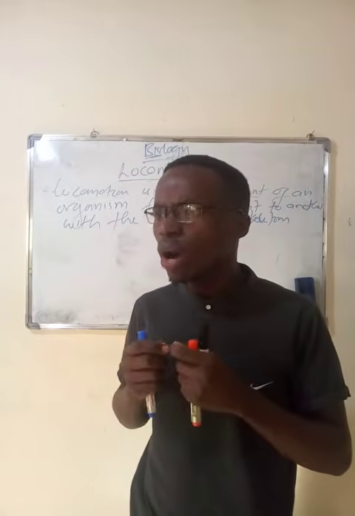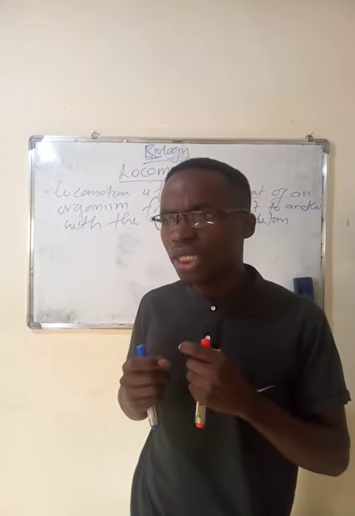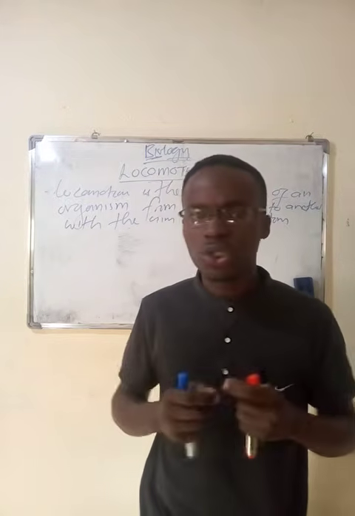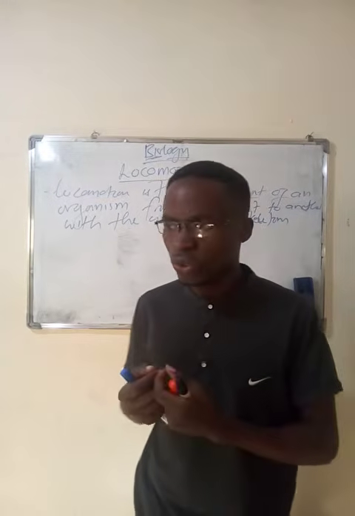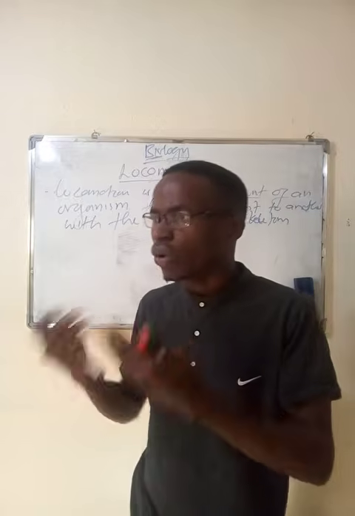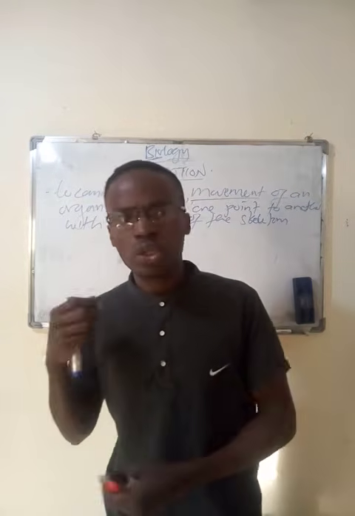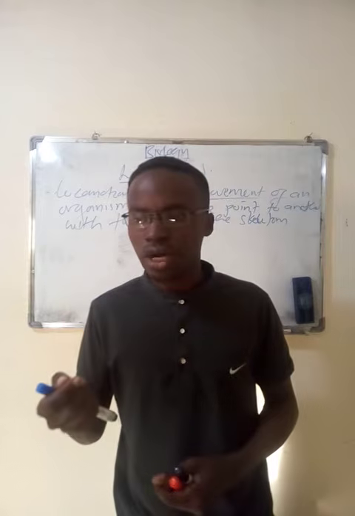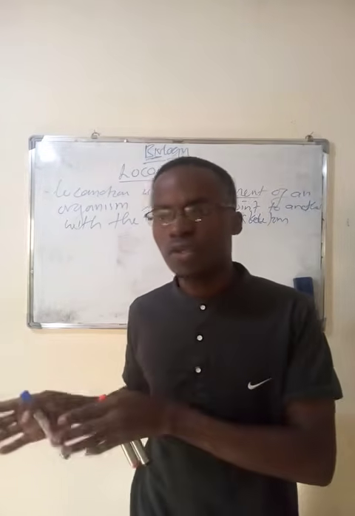Okay. Now the other thing is that locomotion usually is voluntary, or rather, it's intentional. An organism has to intend to move to another point. But when you look at movement, movement may be both voluntary or involuntary.